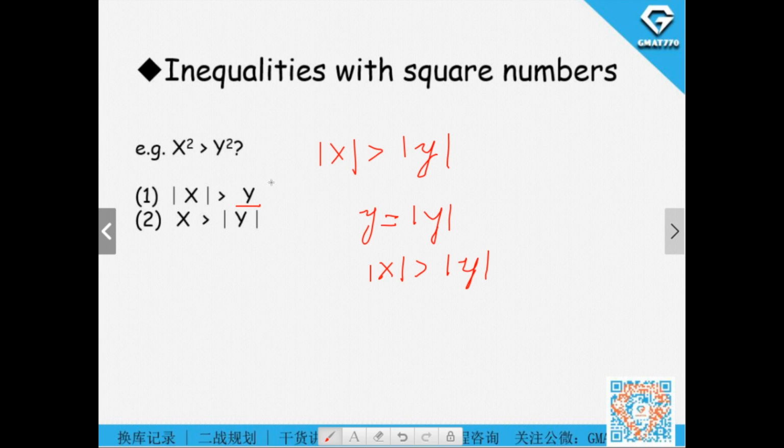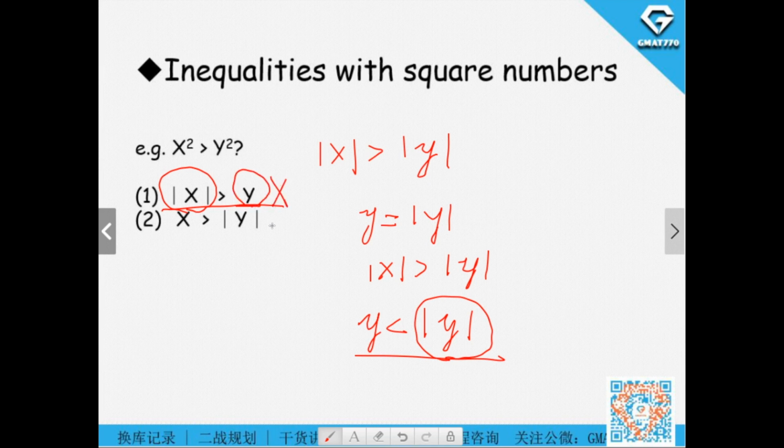But if y is negative, then y is less than the absolute value of y. So in this way, we cannot determine whether the absolute value of x is greater than the absolute value of y. So statement 1 is not sufficient since we don't know whether y is positive or negative.